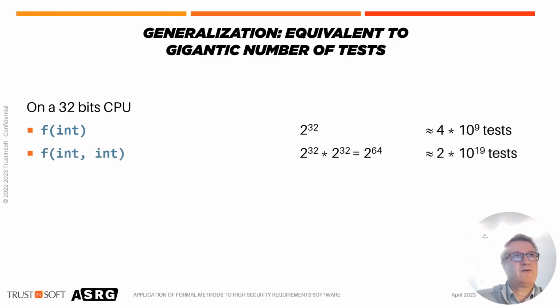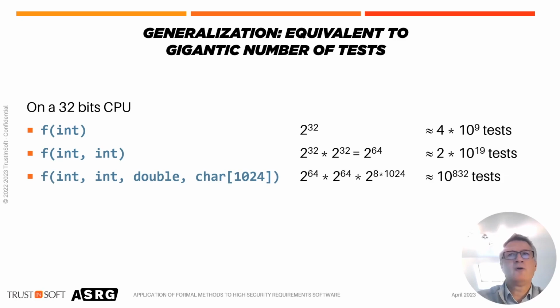But very often you don't have a single parameter. Let's say that you have 2. Now the problem becomes 2 to the power 32 to the power 2. So that's 2 to the power 64 input values. And that's a very large number that I can't even name. That's trillions of trillions.